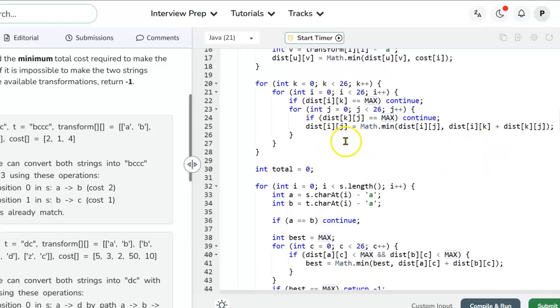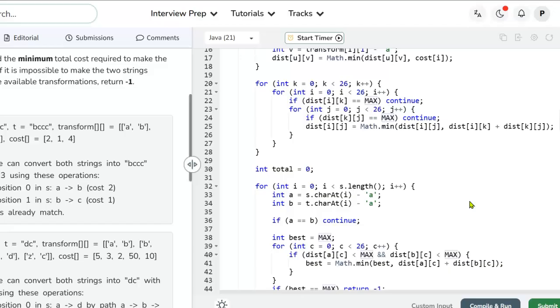Like instead of going from I to J, maybe there's a shorter path if we go from I to K and then K to J. So every combination of 3 letters, we're going to iterate through that and arrive at the best path from I to J.